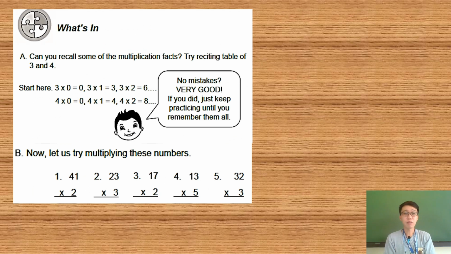Can you recall some of the multiplication facts? Try reciting the table of 3 and 4. No mistakes? Very good! If you did, just keep practicing until you remember them all. Now, try to multiply these numbers.